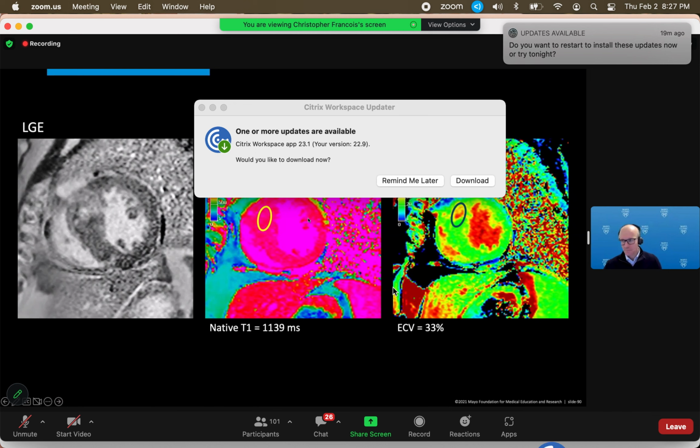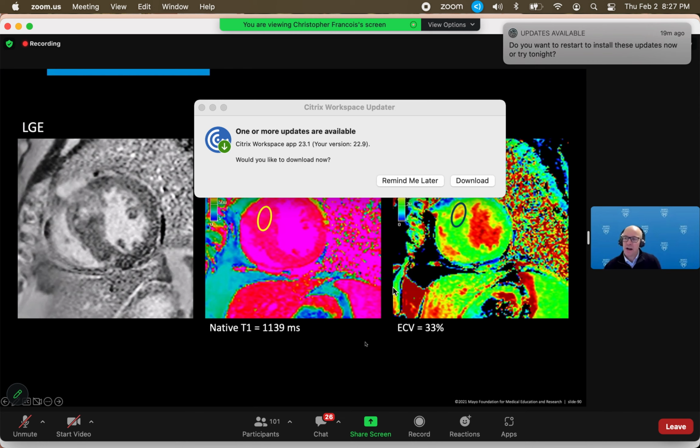T1 mapping is used more and more in these non-ischemic cardiomyopathies. I still think because it's not universally used clinically, it's probably still a little too early to show up on a board exam. But I do show it just so that you have seen it. In patients with hypertrophic cardiomyopathy, cardiac amyloidosis, myocarditis, the native T1 times and the extracellular volume goes up.